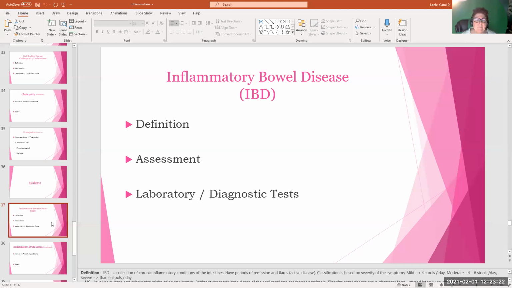Anybody else? As you work with this material and you put them side by side and you look, with IBD, I compared and contrasted those two, but a lot of their pharmacological and interventions are the same. It's just where they occur.